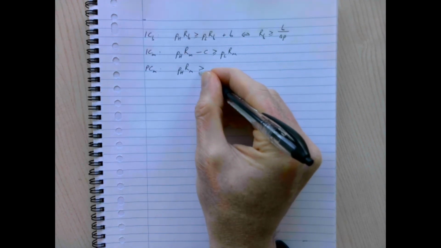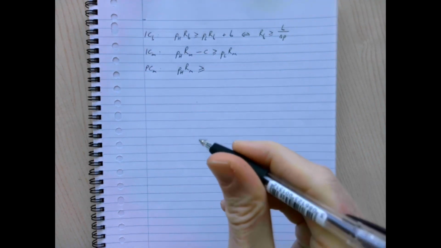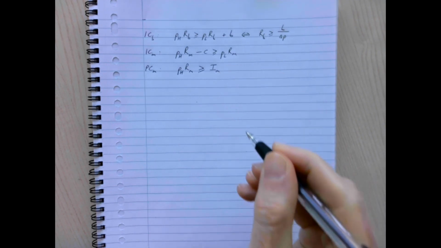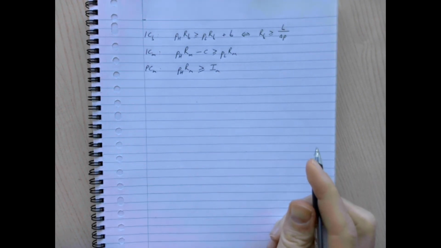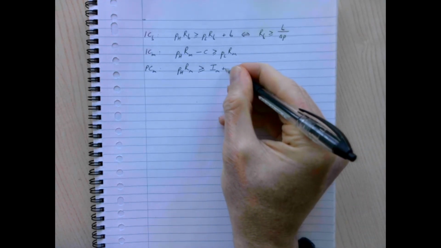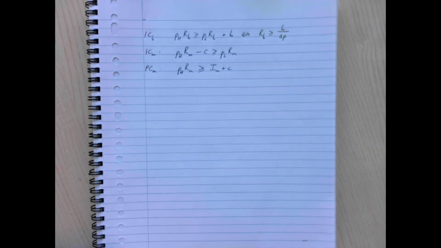And it needs to be at least as large as the amount of investment that the monitor is going to contribute into this project, plus of course this cost that the monitor is going to incur in terms of gathering the information and blocking this high private benefits project. So this is the participation constraint for the monitor.